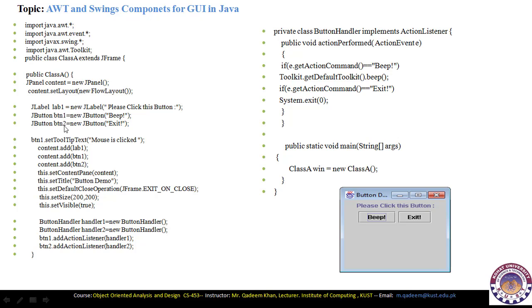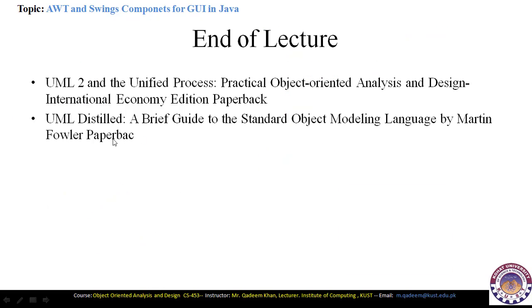Next is our second button, btn2 equal to new JButton, and Exit is the label on btn2. So I declared label1, and btn1 and btn2, two buttons and one label. Now btn1.setToolTipText, "mouse is clicked". So when I point the mouse at the first button, then "mouse is clicked" will appear.